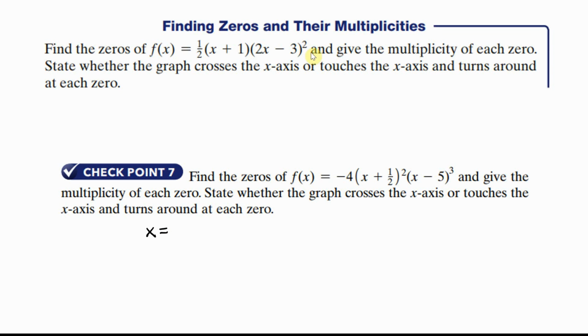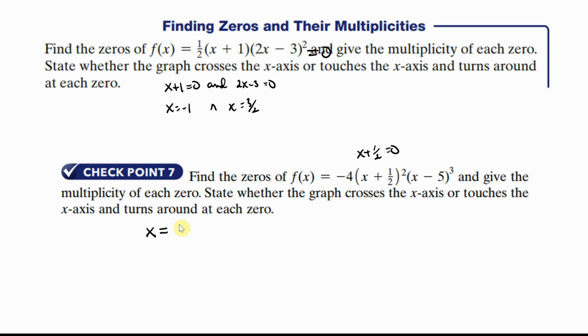Again, to find the zeros, it's the x-intercept. We set the function equal to 0 and solve. So what that ends up being is just x plus 1 equals 0 and 2x minus 3 equals 0. Then you get x equals -1 and x equals 3/2. So down here, wouldn't that be x plus 1/2 equal to 0?